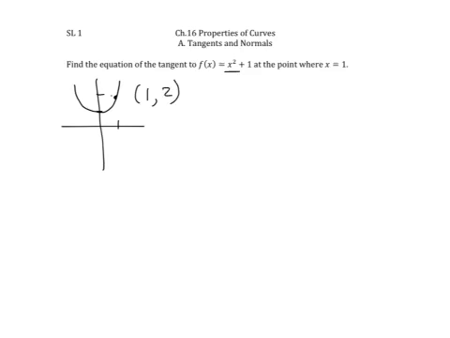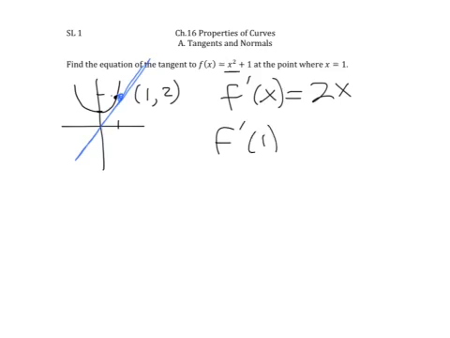What we are interested in finding, again, is the tangent line at this point. A line that passes through that blue one, not as accurate, but you get the idea. So how do we find the equation of this blue line? We know that the slope at any given point on the f of x function is the same thing as the derivative of the function, which is equal to 2x. So when x is equal to 1, our slope is going to be 2.